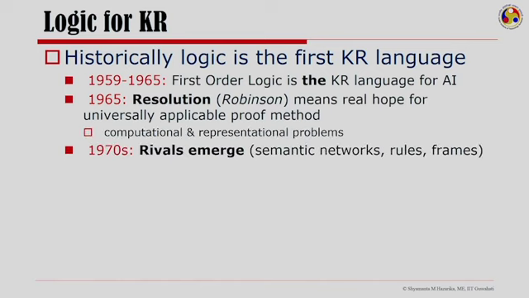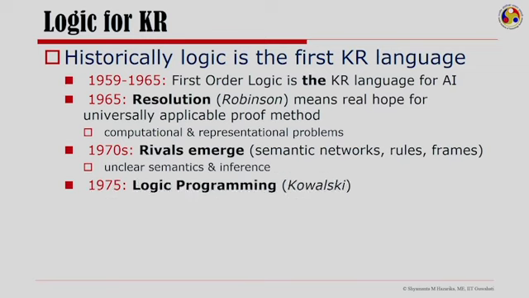Around the 70s, a number of rivals to logic emerged, like semantic networks, rules and frames. However, they had unclear semantics and inference, and around 75 with logic programming, we did decrease expressivity, but there was a huge increase in efficiency. Logic regained its place in AI as a knowledge representation language.